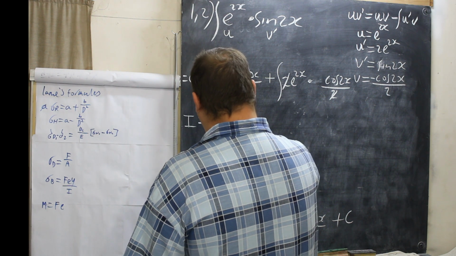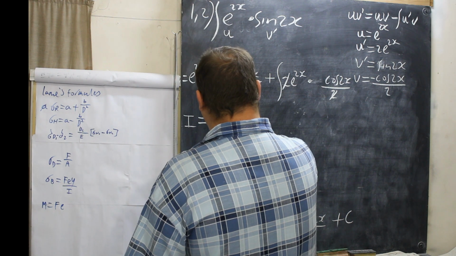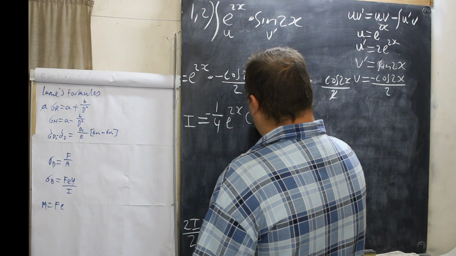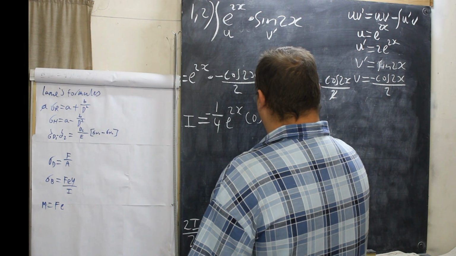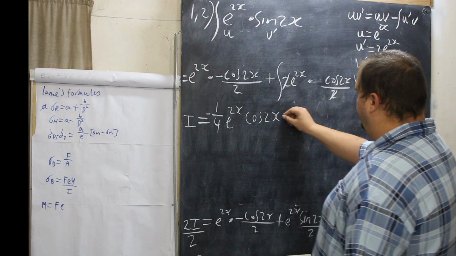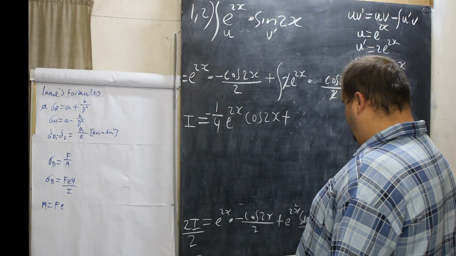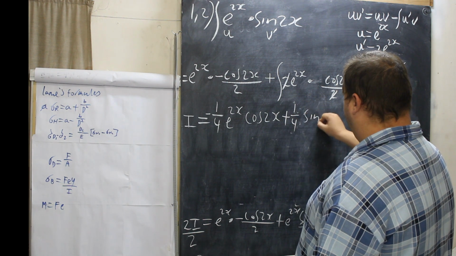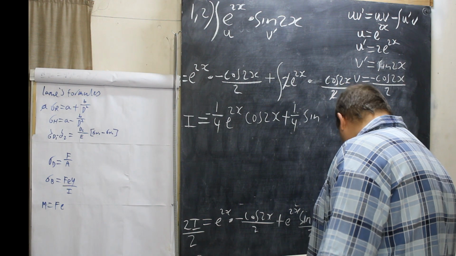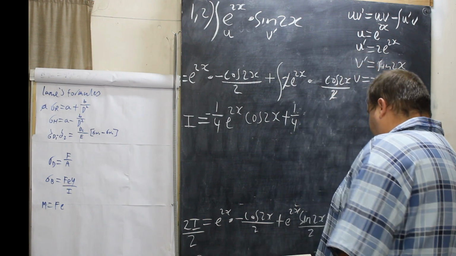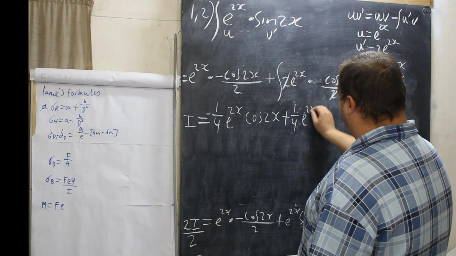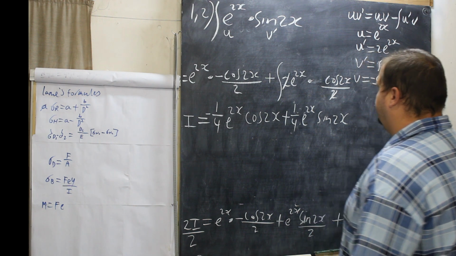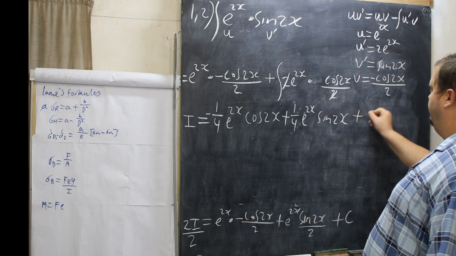1 over 4 e to the 2x, actually minus, let's make it a minus, cos 2x plus 1 over 4 e to the 2x sine 2x plus c.